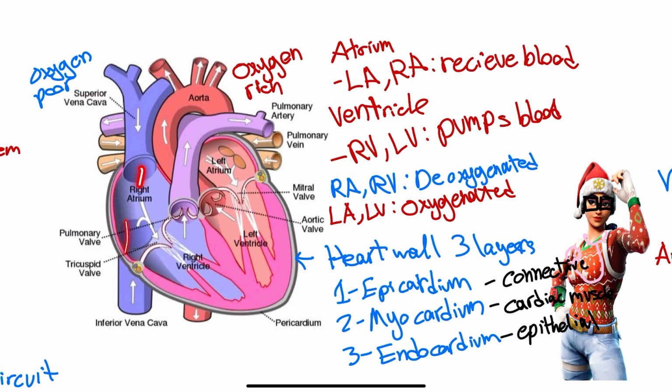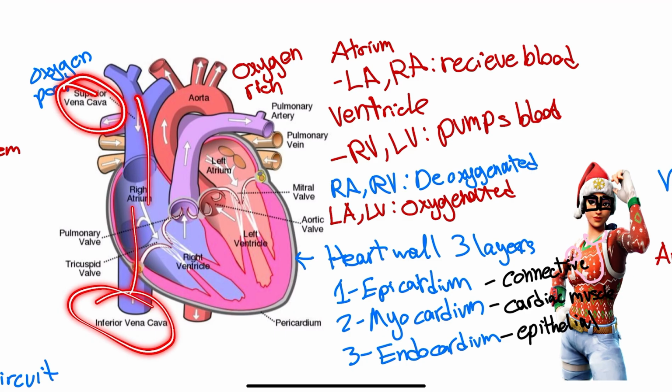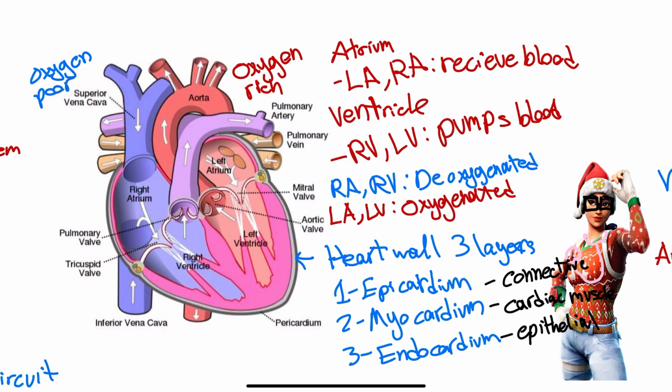So both of these are going to go right through here, and this is going to get into the right ventricle. We're going to talk more about the cycle in a little bit, so this is going to be very, very brief. So we have our right atrium and our right ventricle. The superior and inferior vena cava brings the blood into here. Then they have to pass through something called the tricuspid valves.